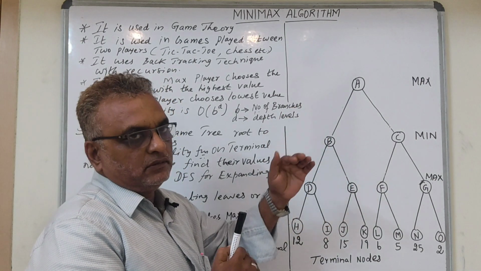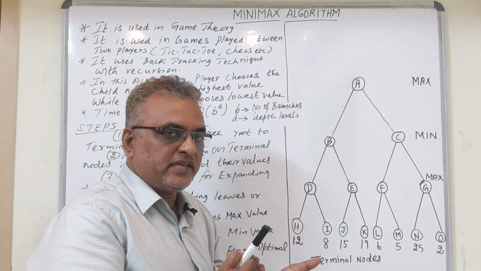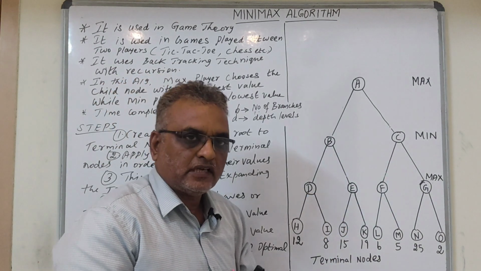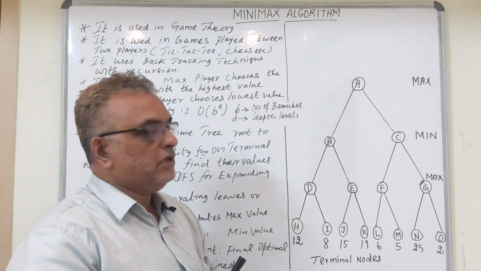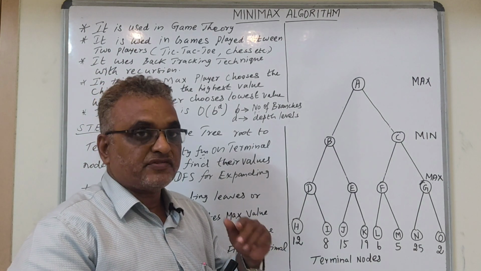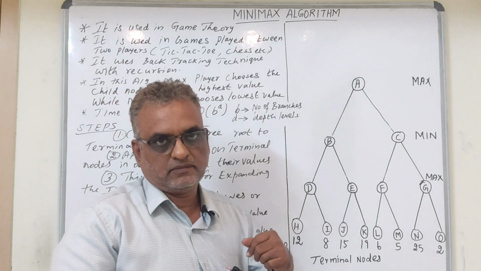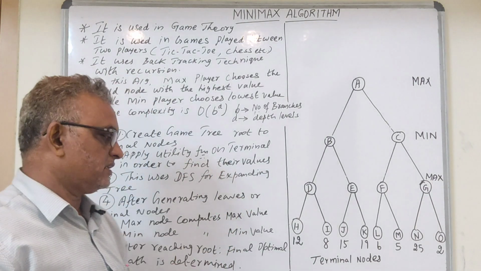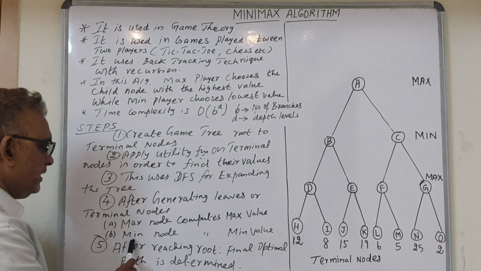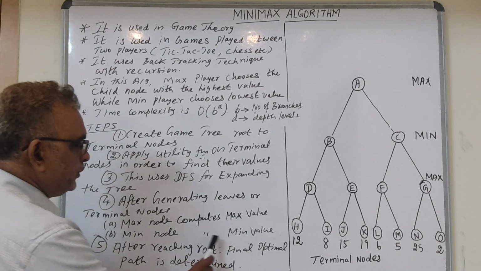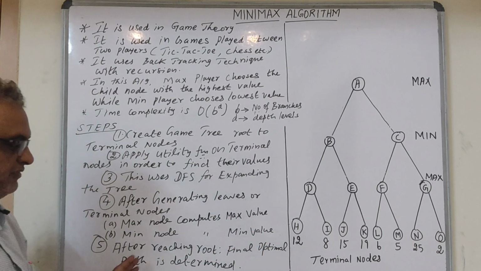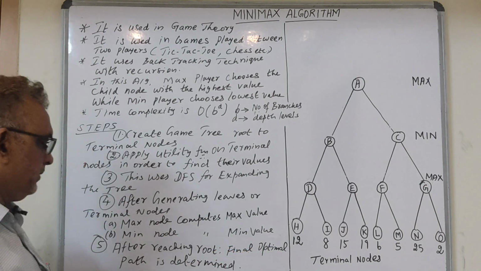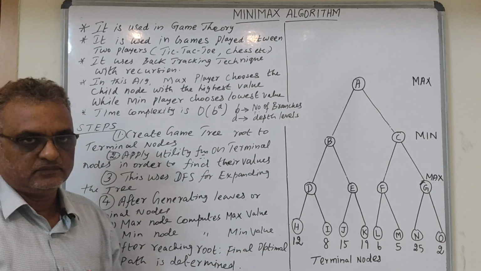Player 1 wants to maximize the chances of success, and the min player minimizes the chances of success of the opponent. So that is the idea of this minimax procedure. After reaching the root, the final optimal path is determined.